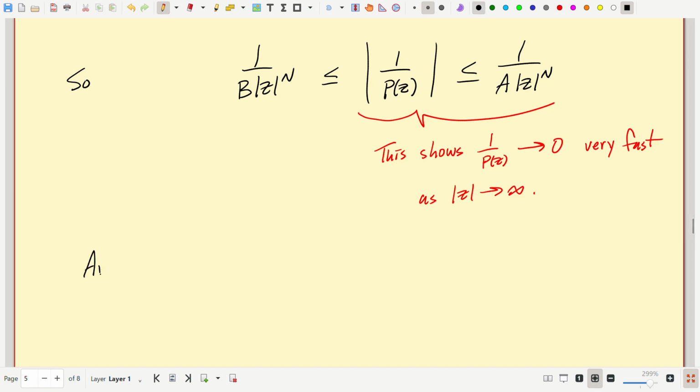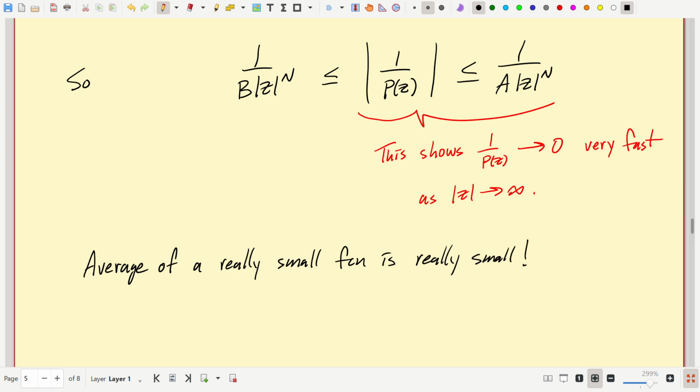So the average of a really small function is really small. But that average among gigantic circles has to be the value at 0. And that's where the contradiction comes from.